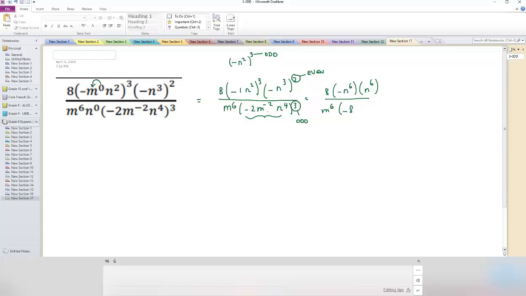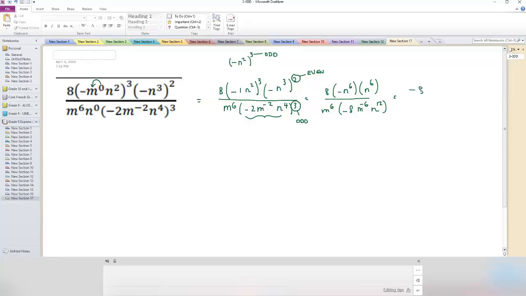After that, m to the power of negative 2 to the power of 3, that means m to the power of negative 6, times n to the power of 4 times 3 equals 12. Now I can simplify more and more. If I take all of that into consideration, negative times positive, that means negative.